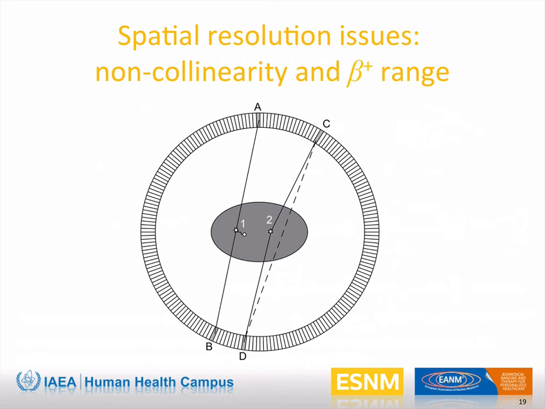Of the two contributions, we have seen that the non-collinearity can be the dominating one because of the scanner diameter, but the positron range can also be important when higher energy beta radioisotopes are used, such as oxygen-15 and gallium-68, which have a very long positron range.